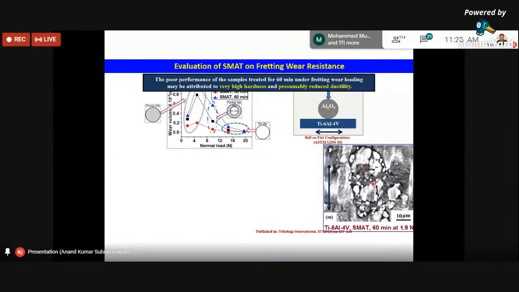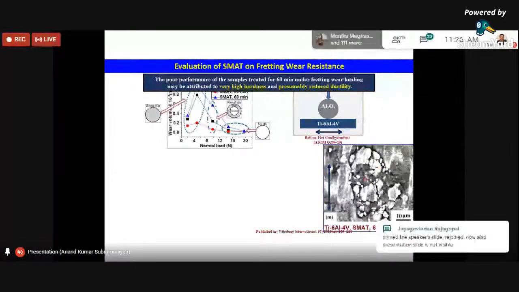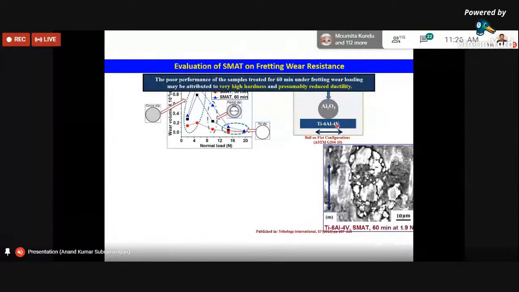Thereby brittle cracking happens, and a lot of wear debris gets generated, and this displacement is very small, as I said, in terms of microns, compared to the reciprocating sliding wear that you do with pin on disc or reciprocating, where you have quite large displacement in terms of 2 centimeters or 3 centimeters.